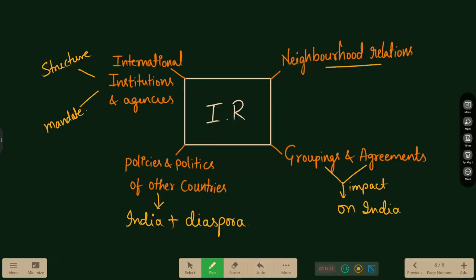So this is the syllabus of IR mentioned in GS2. So you need to study the relations between India and its neighbors as well as its extended neighbors, groupings and agreements of India and their impact on India, and effects of policies and politics of other countries on India and its diaspora, and important international institutions and agencies, their structure and mandate you need to know.